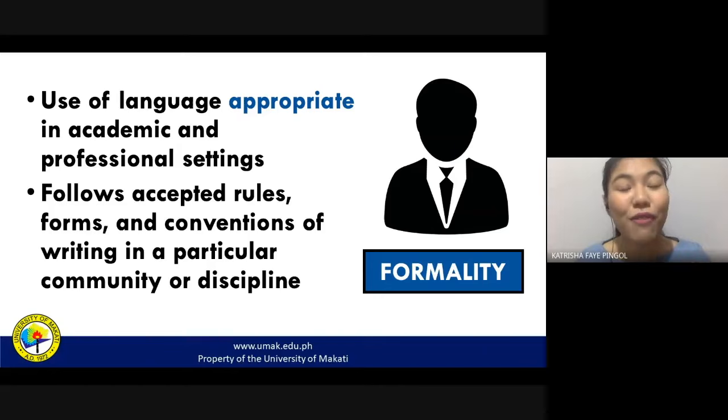However, it only feels like that because those rules, those norms, these conventions are already ingrained in your brain. It's already been instilled in your head that it comes off naturally whenever you are in an academic or professional setting. But best believe it, you already know about these things.